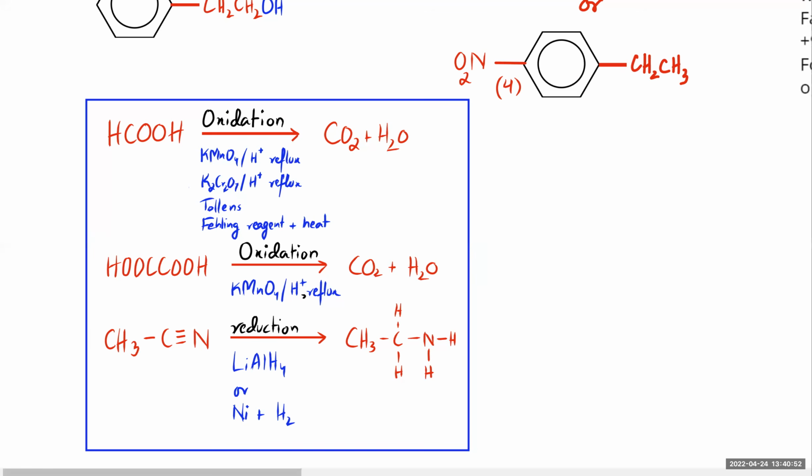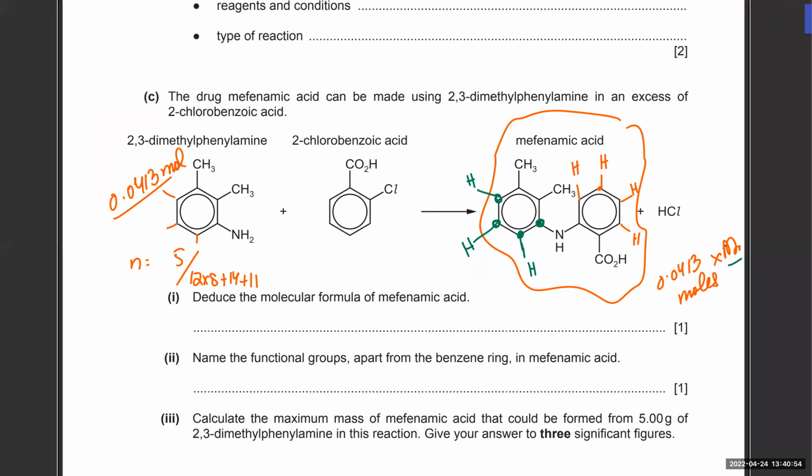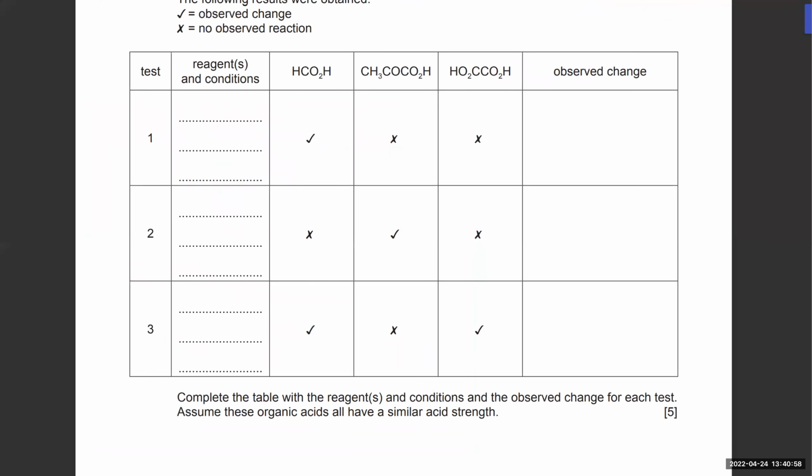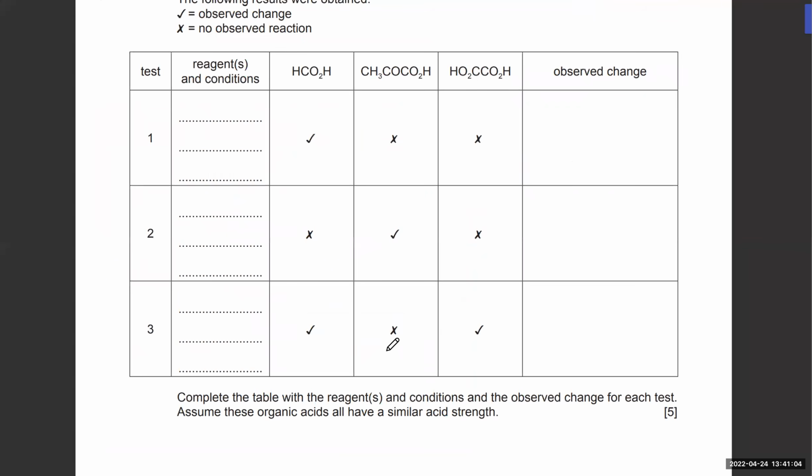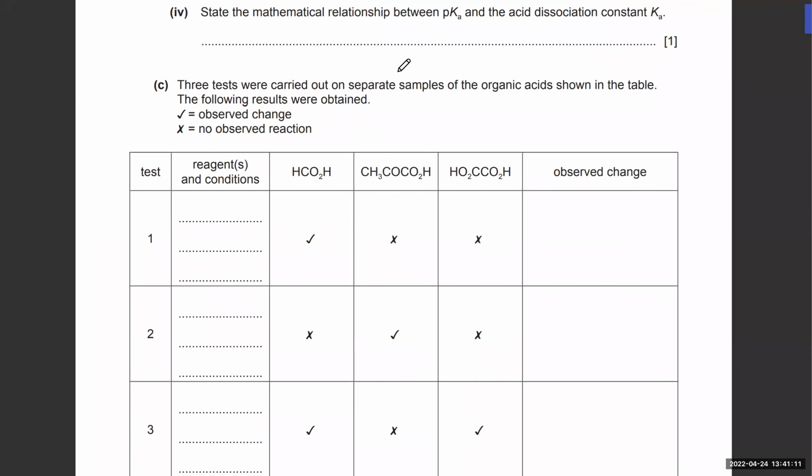So if you go back to the question, these other two are not reacting, while this one is reacting, right? So I think you can add Fehling's or Tollens.